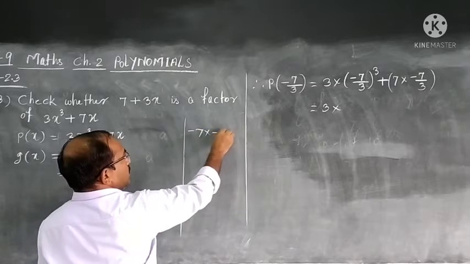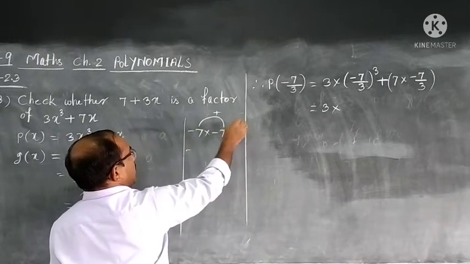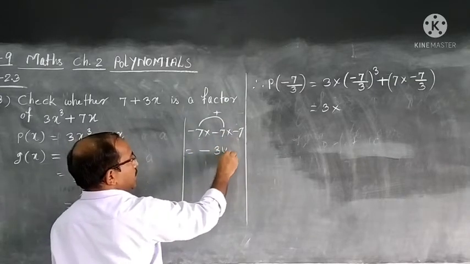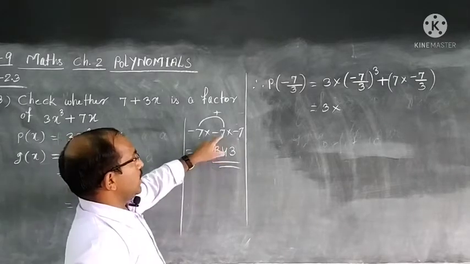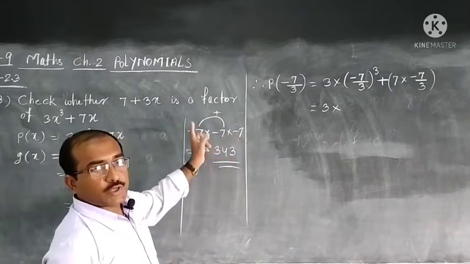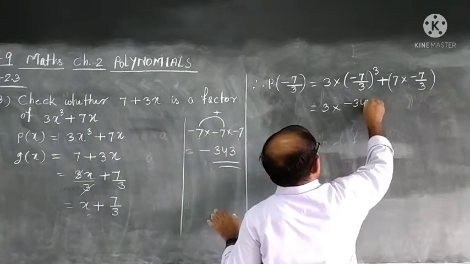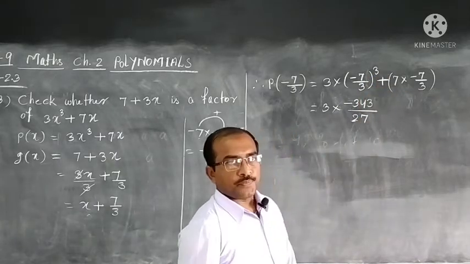Minus 7 into minus 7 into minus 7. Minus minus plus and again minus. So, it will be minus, 7 7s are 49, into 7 is 343. So, we get minus 343, 3 cube is 27, 3 into 3 into 3.